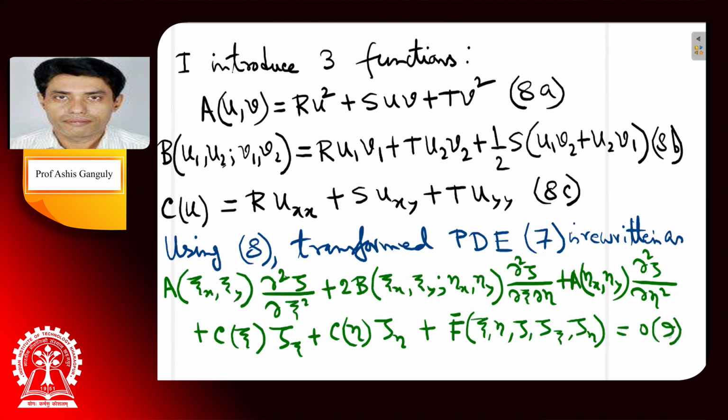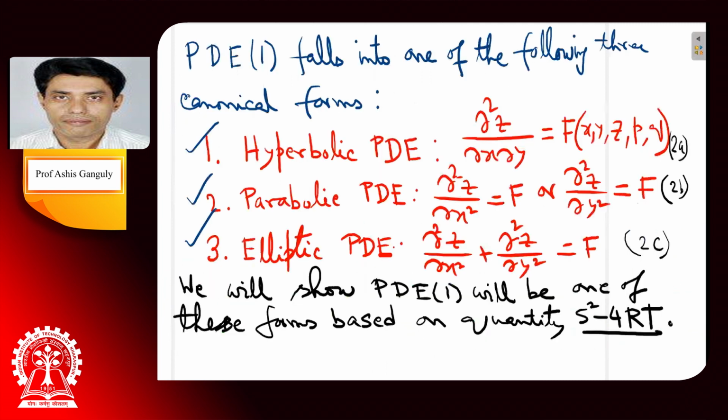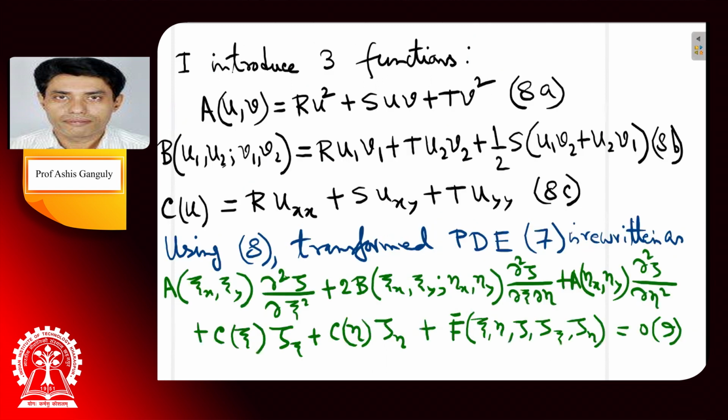So now compare 9 with the forms I am writing here. If you compare this, you will see that if both of these terms vanish, then it will reduce to hyperbolic. Now, this function a will have to be 0.